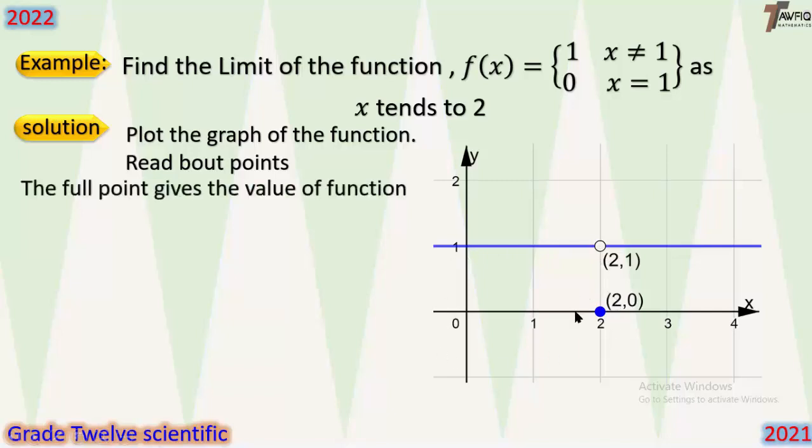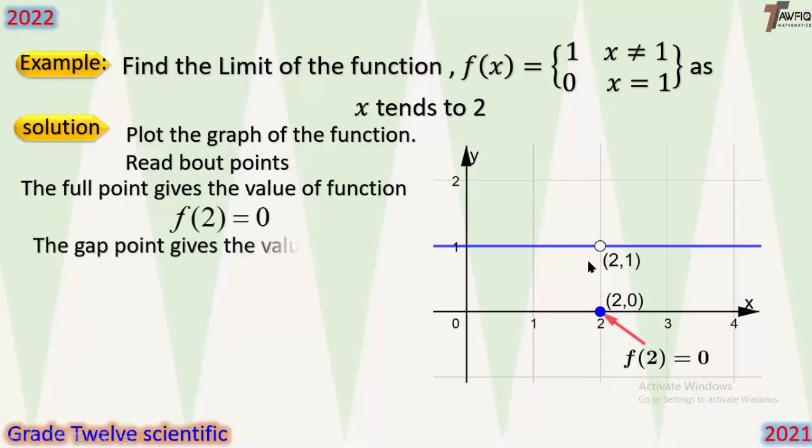The full point (2, 0) gives us the value of the function. That means f(2) is equal to 0. And the gap point gives us the value of the limit. That means the limit as x approaches 2 of f(x) is 1. Take the value of y.